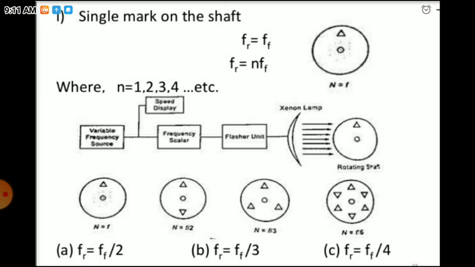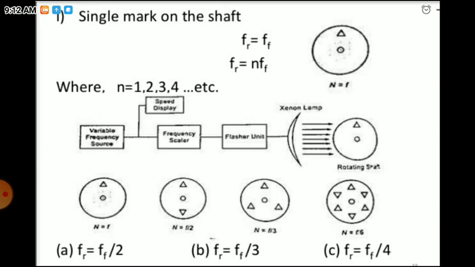So first, the highest flashing frequency is taken for the single line image, then that flashing rate is gradually reduced and the flashing frequencies are noted for all single line images. By reducing the flashing rate, you can observe the different flashing frequencies for single line images that are counted.